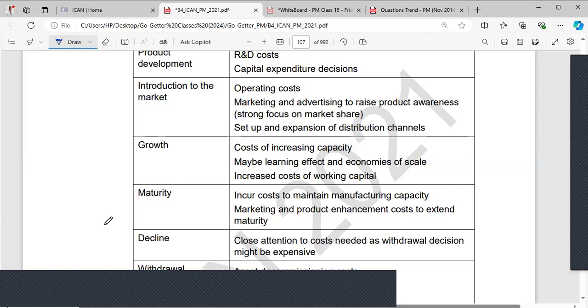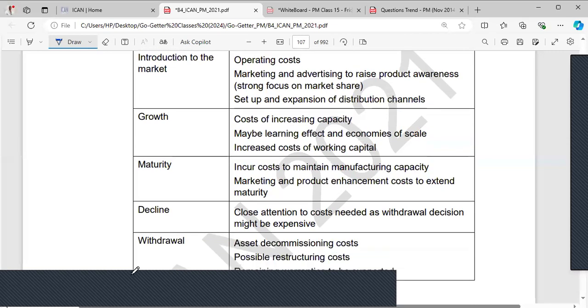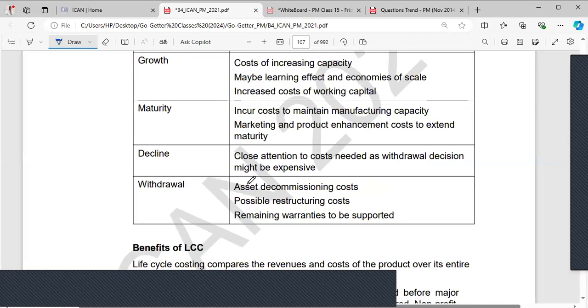If you want to withdraw the product from the market or the asset from the market, it might be expensive. Then we have the withdrawal asset decommissioning. Yes, that's the name I was looking for. Decommissioning cost. So the decommissioning cost is the cost of withdrawal of the product from the market, or withdrawal of the asset from its location.